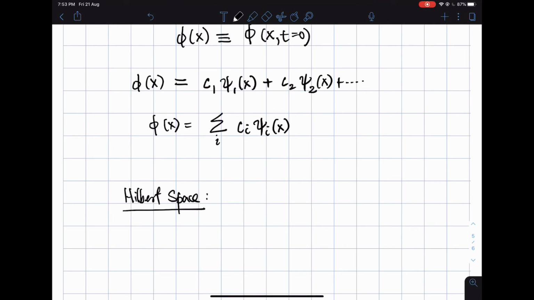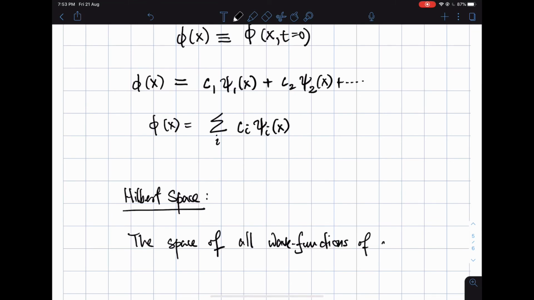It's the space of all the wave functions of a quantum system with an inner product.